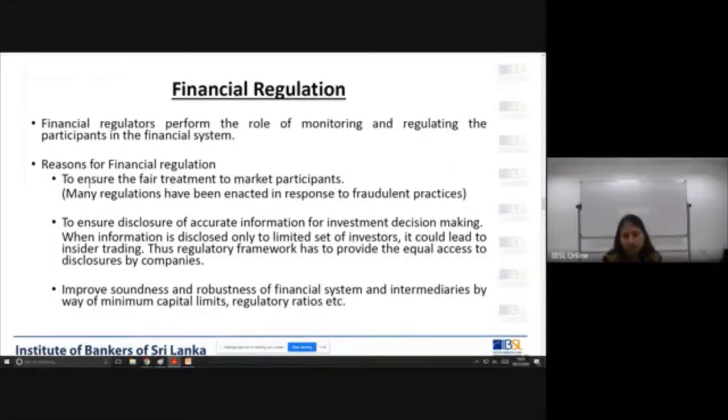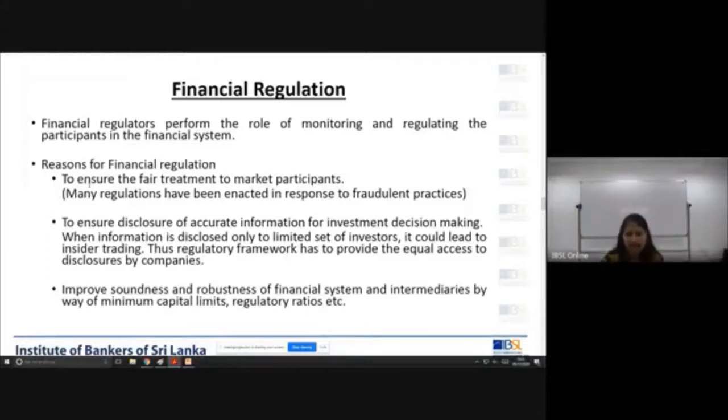Okay, so ensure that the information also goes on the same level. So here I'm talking about more of an insider trading scenario. To avoid those and ensure fair treatment happens, you need regulations to come in. Why? If you don't have regulation, I might have certain information that you don't have.